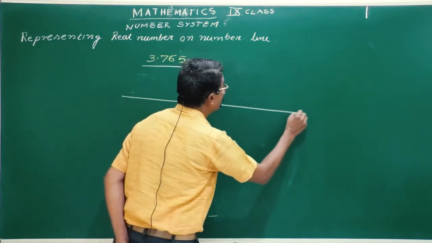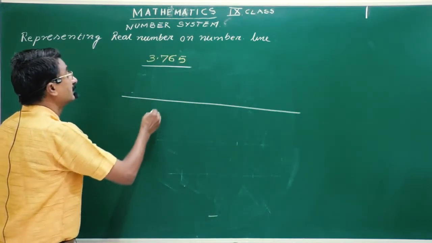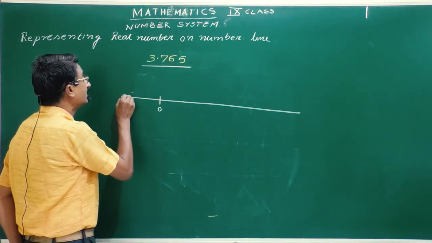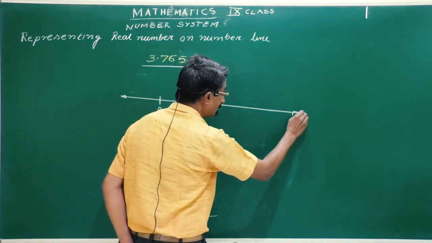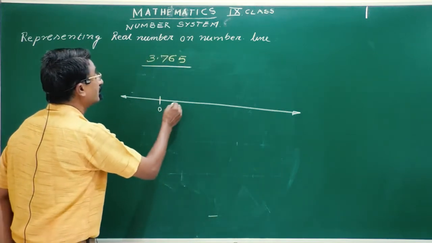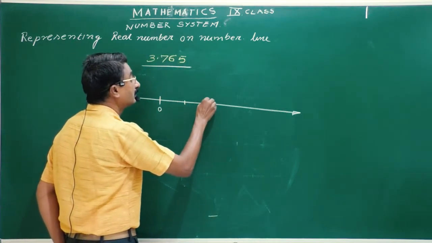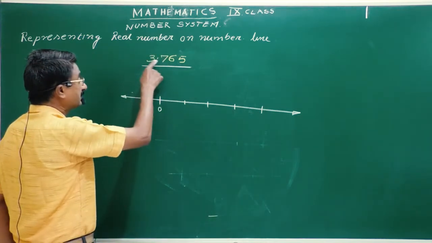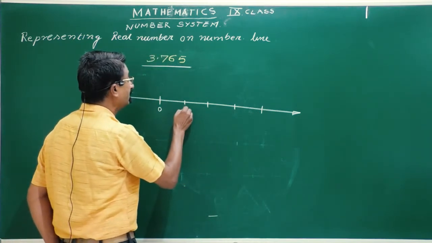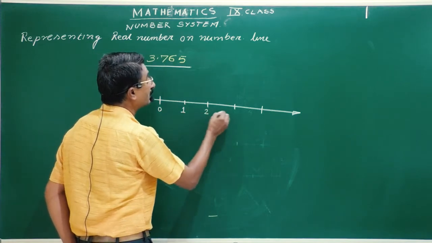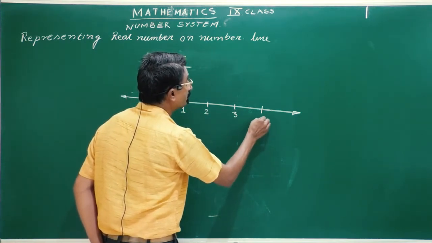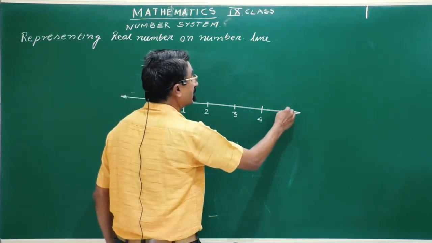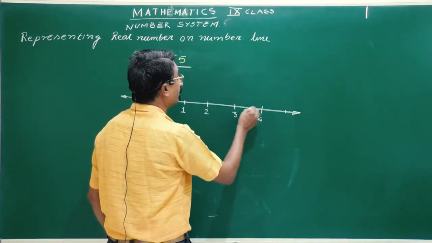So it is very simple. I will draw a number line, a very straight line, 0, arrow on the left side, arrow on the right side. So 1, 2, 3, 4. 3.7 means it will lie in between 3 and 4. So the number is lying in between 3 and 4. So 3 and 4.